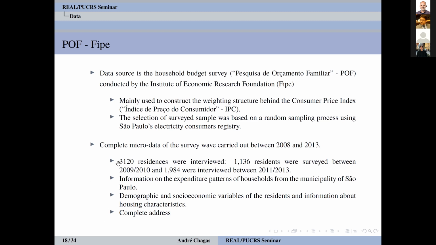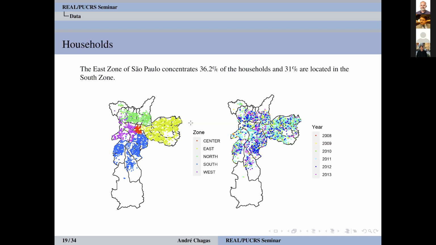We have more than 3,000 households that were interviewed in the period of 2009 to 2013. And then this is how the families are spread across São Paulo. This is the São Paulo city. This is the center of the São Paulo city, and you have a lot of families covering almost the whole of the city of São Paulo.